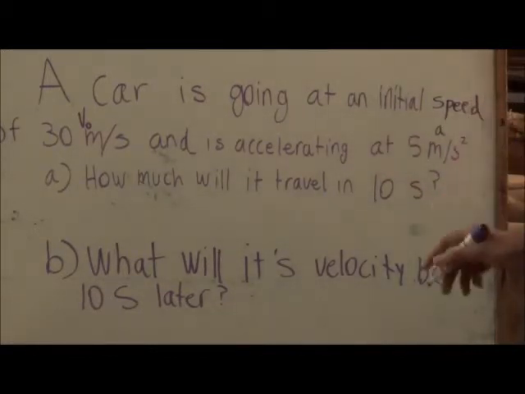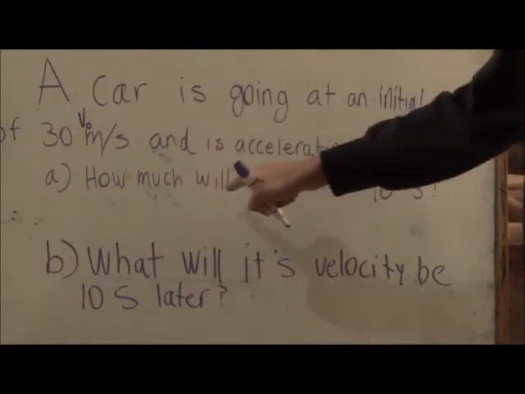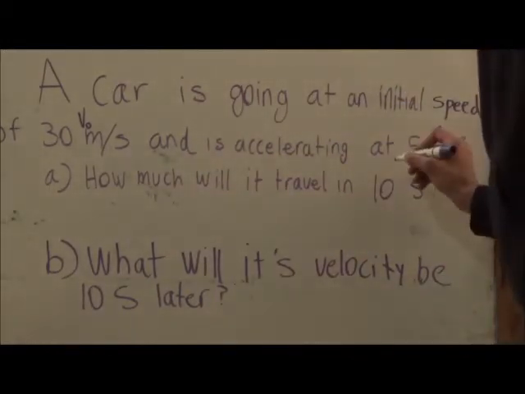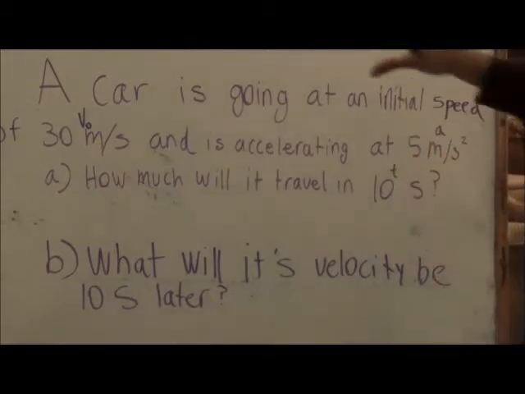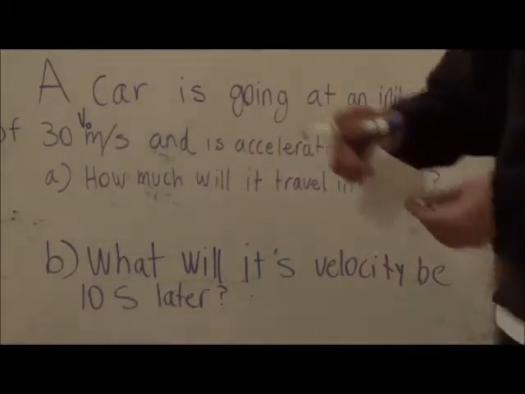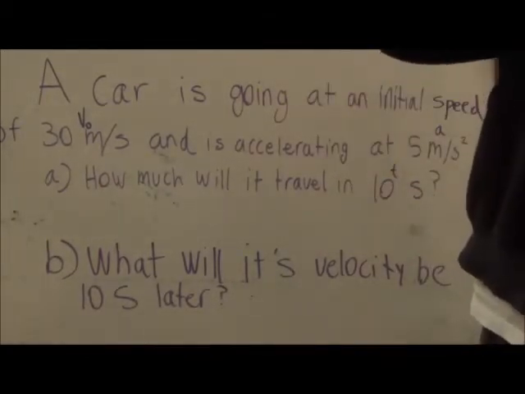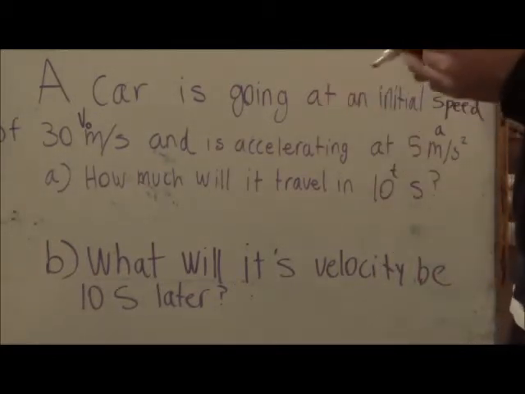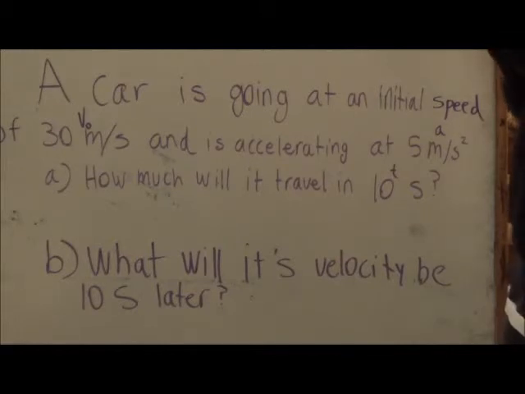I'm going to write that down. The question says, how much will it travel in 10 seconds? 10 seconds is my time. Now I'm going to use my handy dandy classroom note card that we're allowed to use and see which equation will fit to solve this.